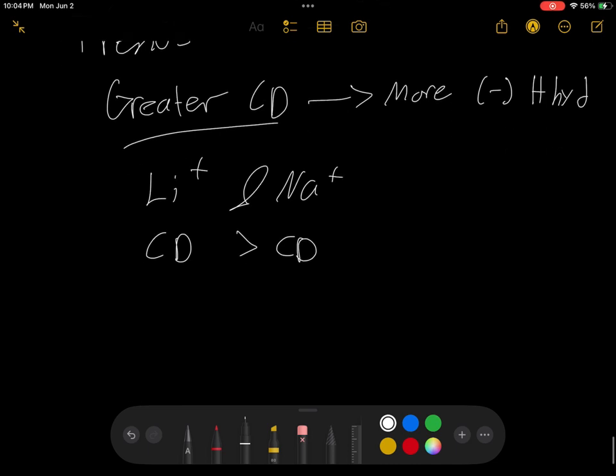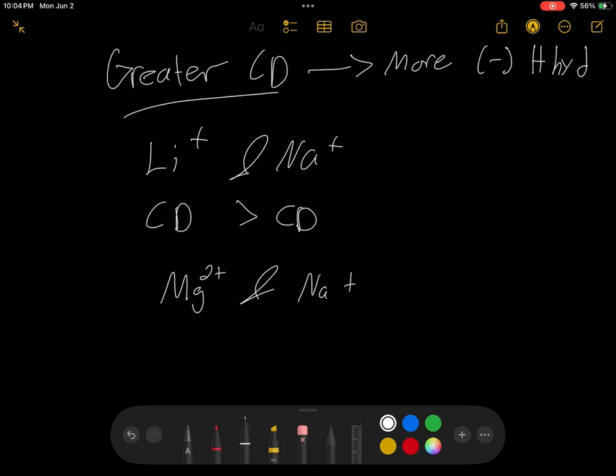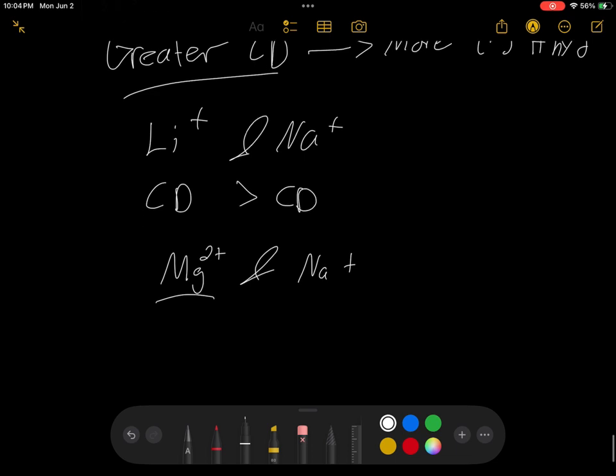Likewise, let's compare magnesium and sodium. Actually, no, sorry, not lithium. Let's do sodium. Magnesium sits to the right of sodium, right? So that gives it a smaller ionic radius, because radii decrease to the right across a period. And it has a 2+.